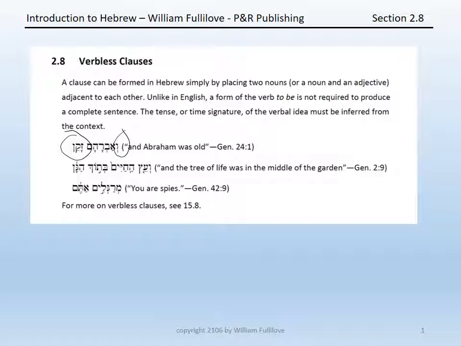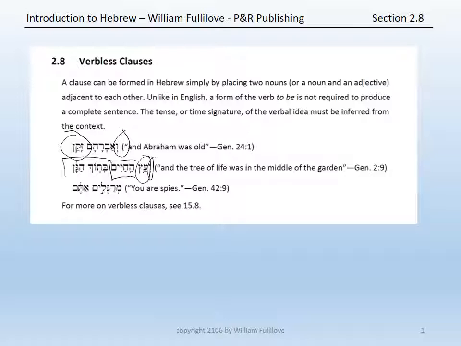Similarly, Genesis 2:9, Va'etz hachayim batok hagan. V is again the conjunction and. Eitz is glossed tree, and in fact the combination Eitz Hachayim is the tree of life.